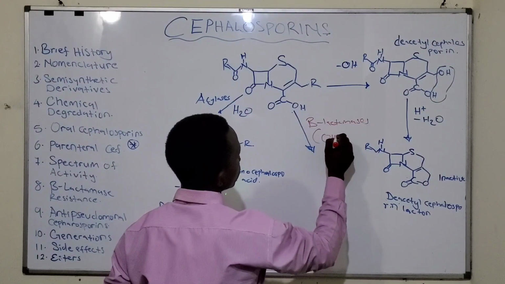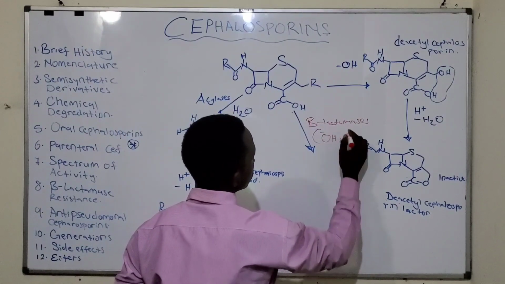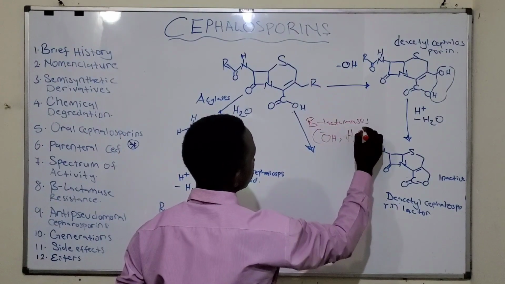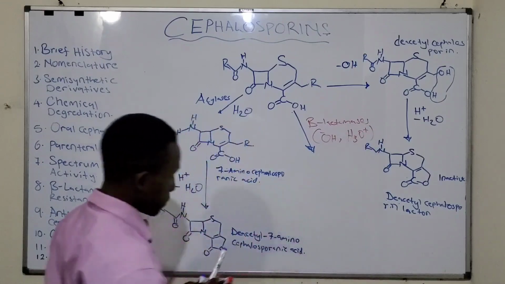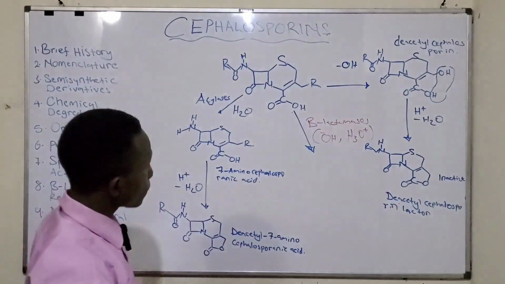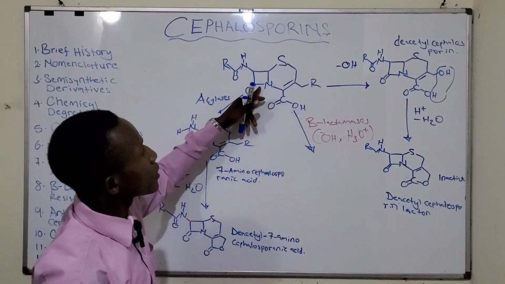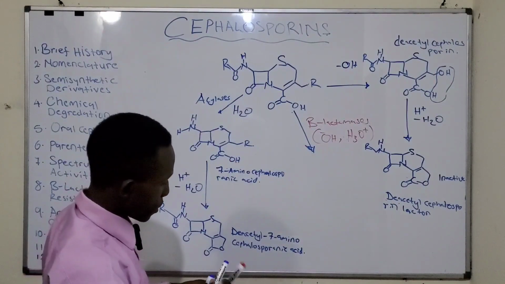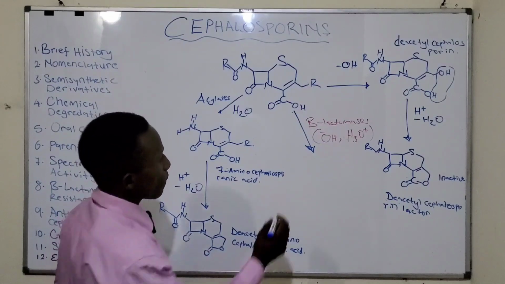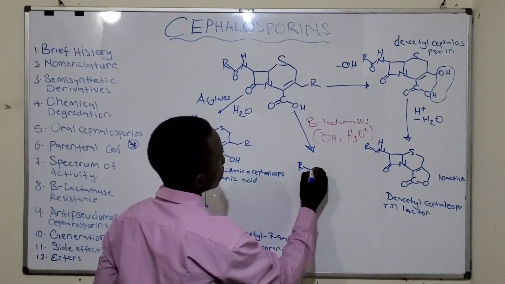So it can be the OH, or you can say deoxy, as you saw in penicillins. Now, remember, beta-lactamases cleave the beta-lactam ring. So we shall form this.